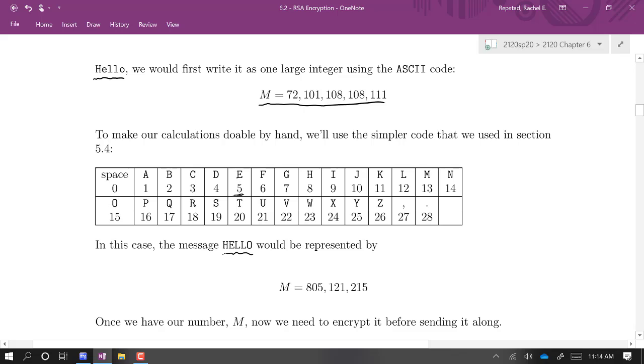That's why E is represented with 05 here, but we don't have a leading 0 in the integer itself, so it doesn't begin with 08, it begins with 8, because we just need to translate it into one big long integer.